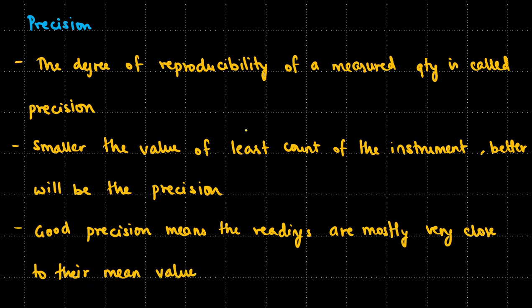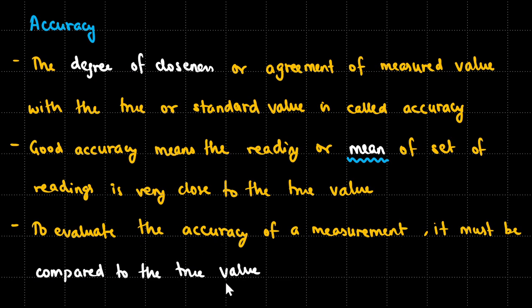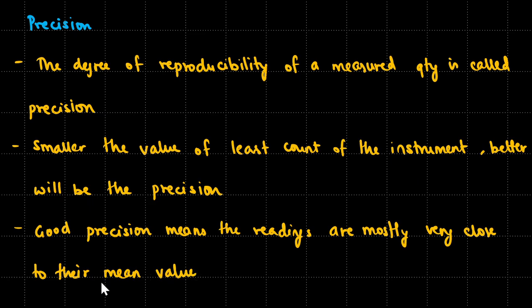In the previous case, accuracy is compared to the true value. Here it is compared to the mean value. That's very different, since the mean value may not be the accurate data.